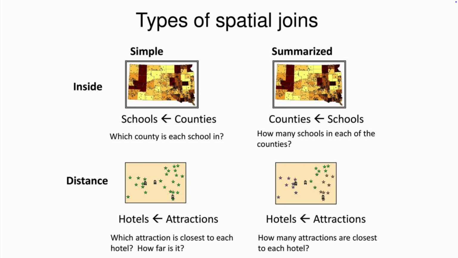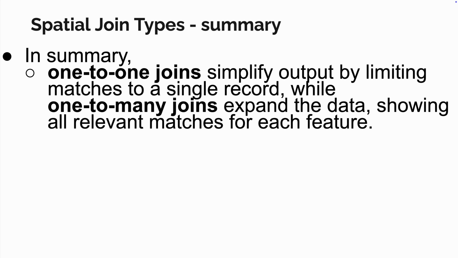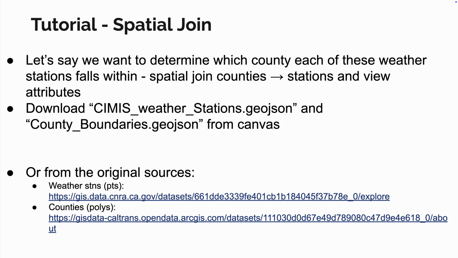You can do it on the basis of distance: which attraction is closest to each hotel? Or how many attractions are closest to each hotel? Like, what's the most happening hotel in downtown? I think you'll do an assignment in your homeworks on which subway stop in London has the most restaurants nearby. Just to sum it up, one-to-one joins simplify the output, while one-to-many joins expand the data.